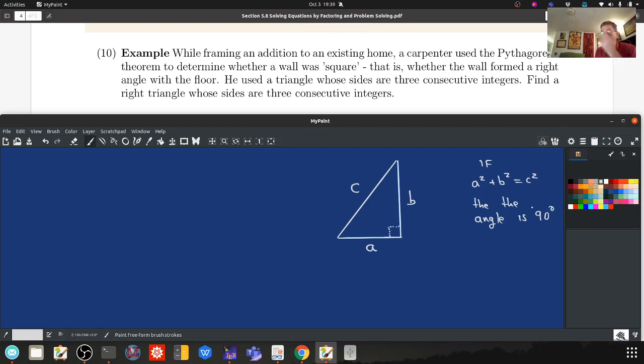Actually, it's a stronger theorem than that. The angle is 90 degrees if and only if that holds.